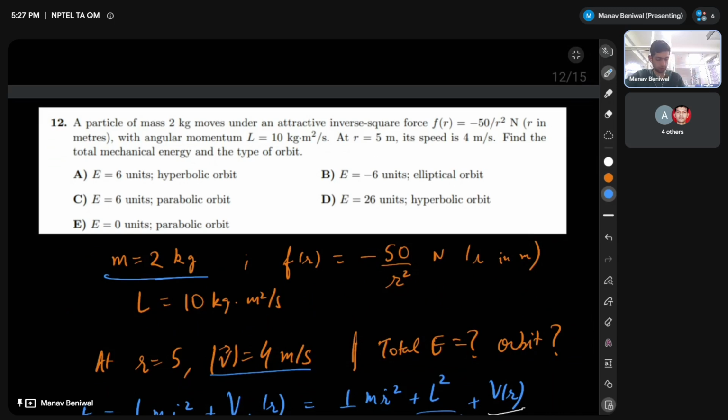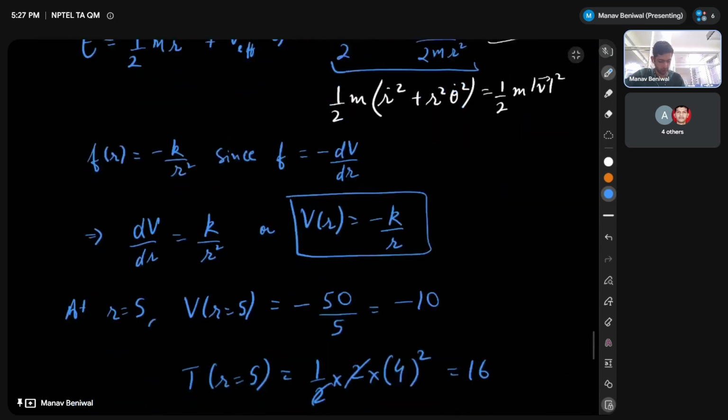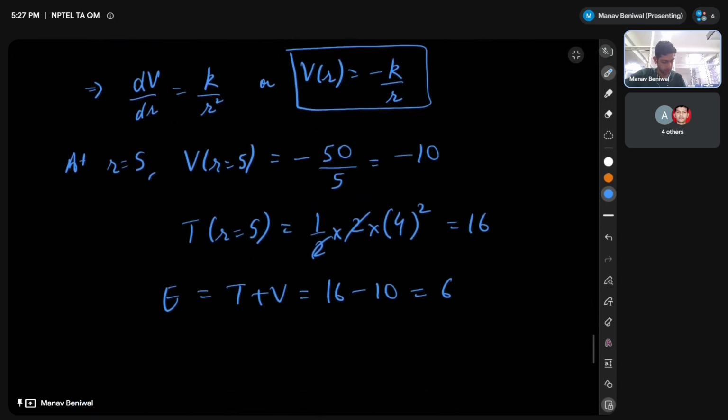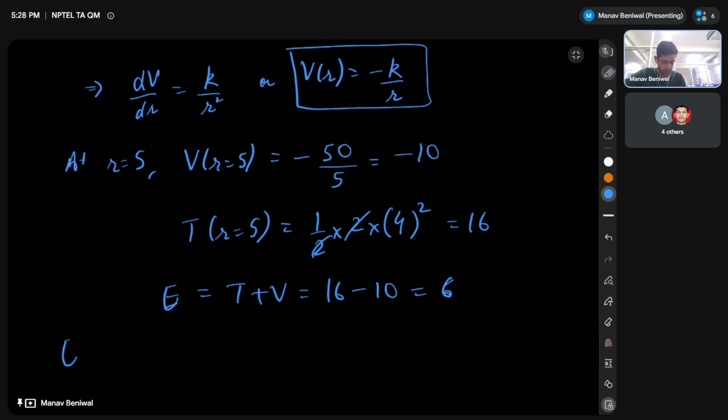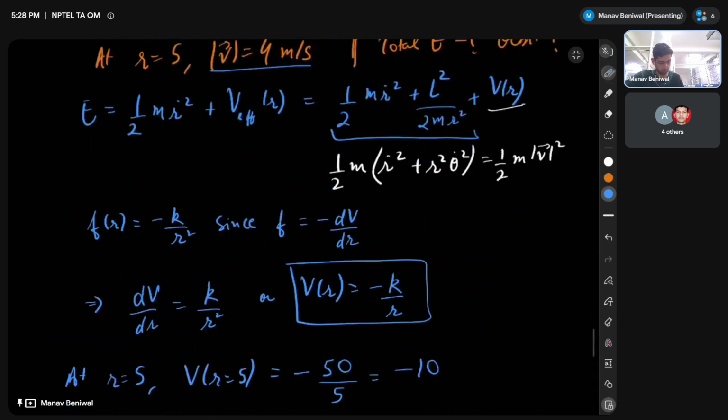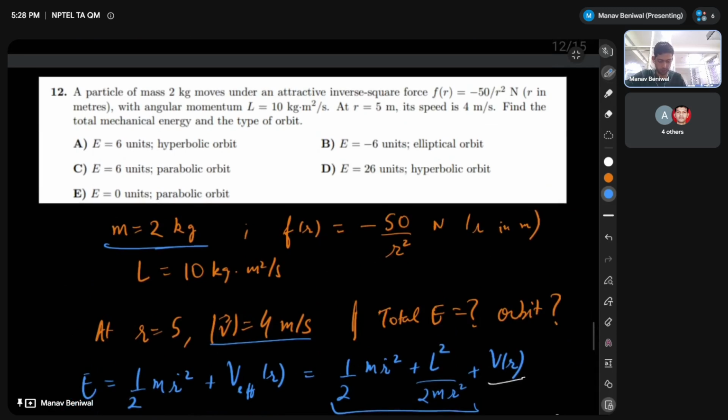Okay, so right, because our total energy is 6, our total energy E is greater than 0. So this is an example of an unbound system, right? So this leads to a hyperbolic orbit. So this is hyperbolic. So option A is correct.